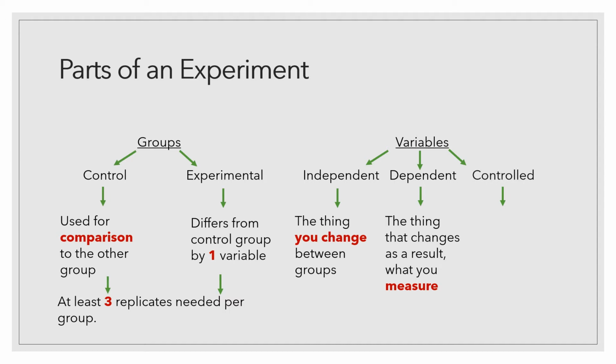And last but not least, we have the controlled variables. Sounds like a controlled group, but we're talking about controlled variables here. Controlled variables are factors that are kept constant so they don't affect the results. So I know a good experiment is being conducted when the only thing that changes is one variable, that independent variable.